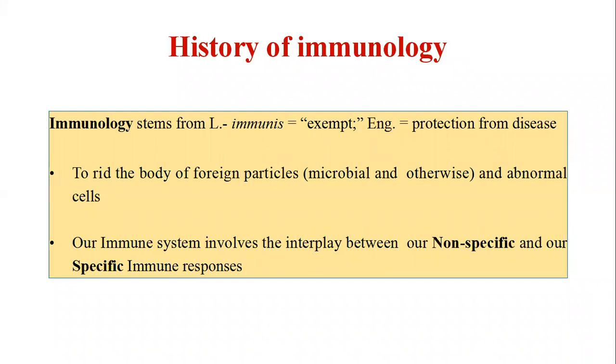It was originally referred to as protection from legal prosecution offered to Roman senators during their tenures in office. This term was adopted subsequently to designate the naturally acquired protection against diseases such as measles or smallpox.